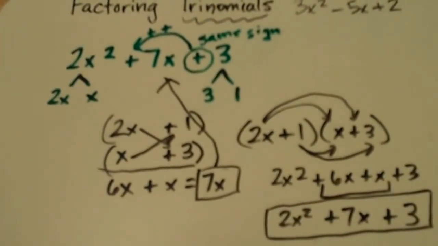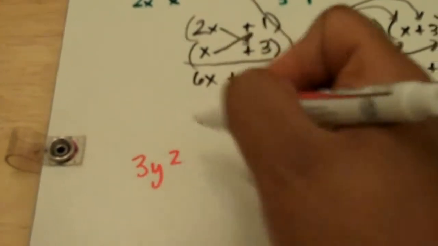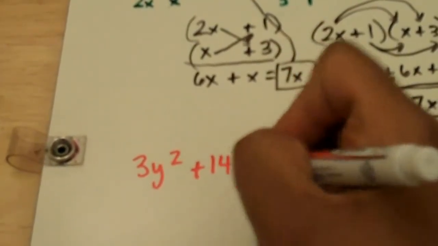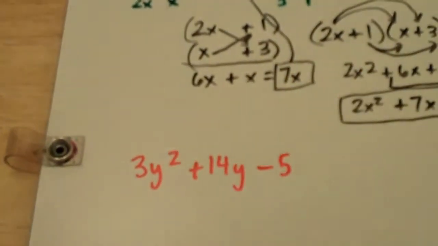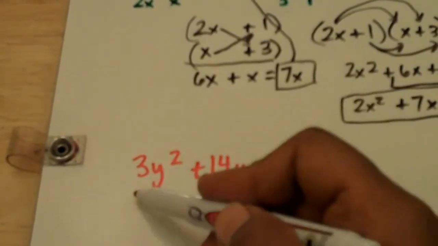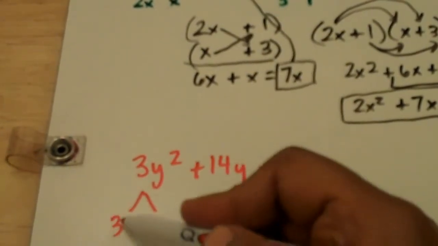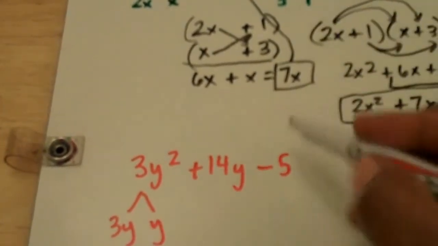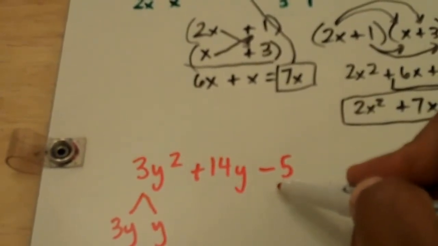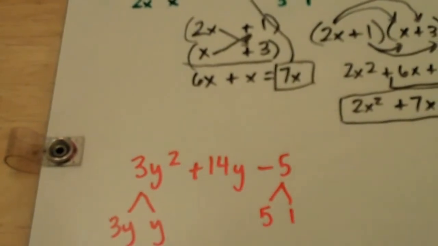So let's try another one. Here we have 3y squared plus 14y minus 5. We look at the first term here, 3y squared. The only thing that we can multiply to get 3y squared would be 3y times y. For 5, lucky us, it's a prime. The only thing we can multiply is 5 times 1.